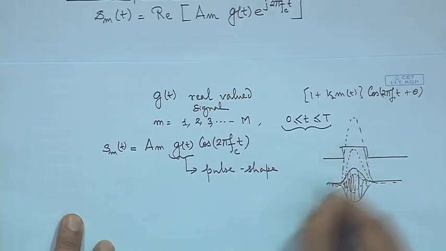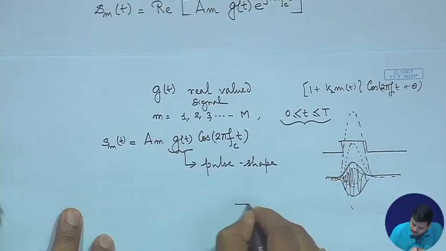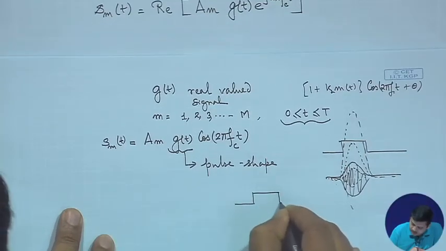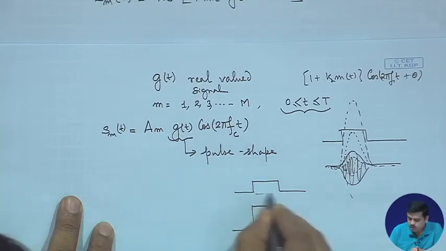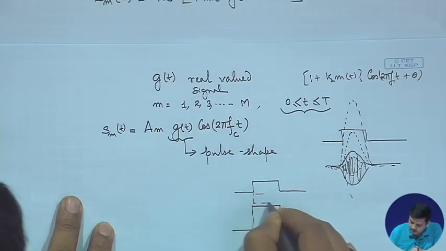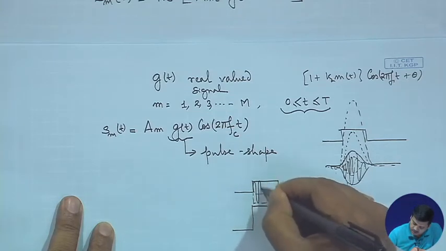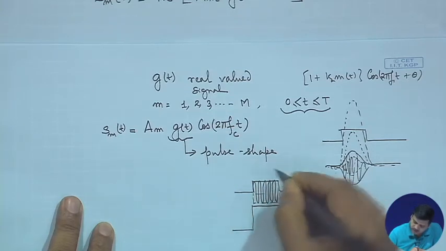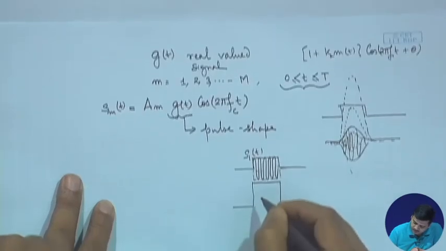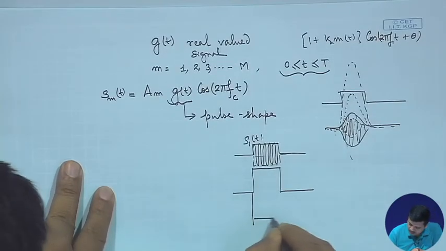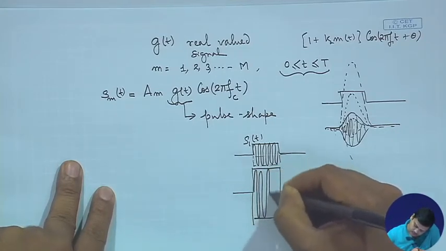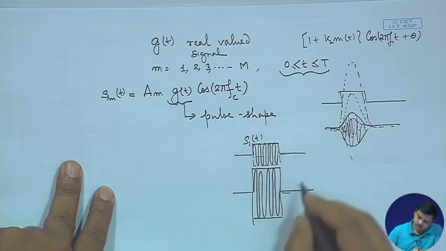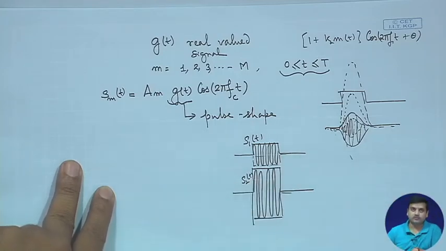If it is rectangular, which is easier to visualize, let us take one and let us take another. Both are valid for the duration 0 to T. In the first case the modulated signal is S1(t), and this is S2(t) that we get.